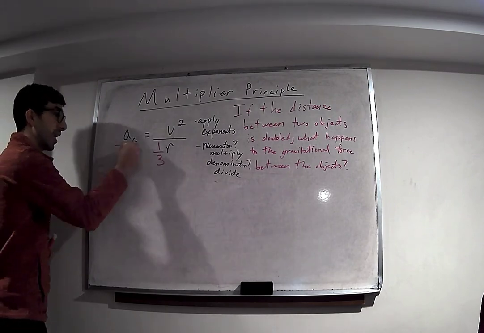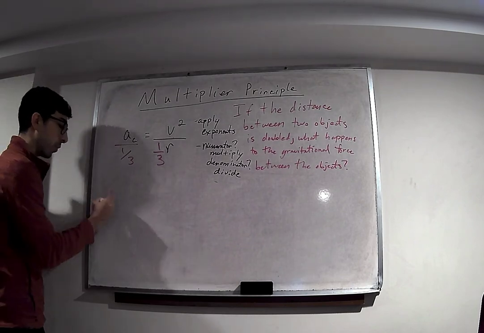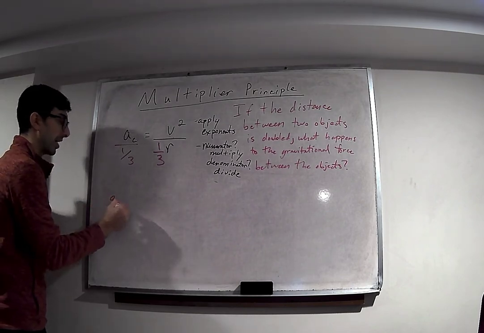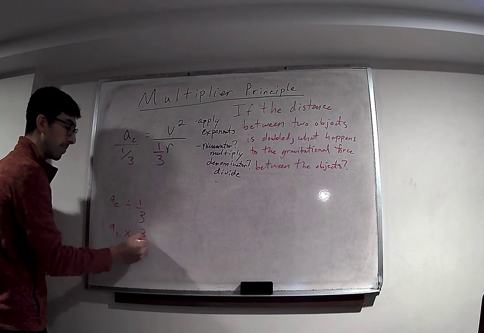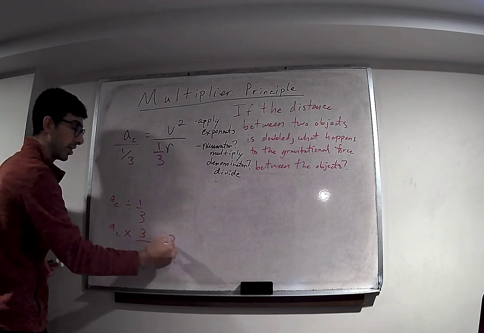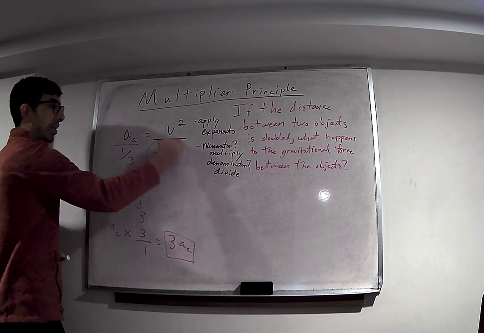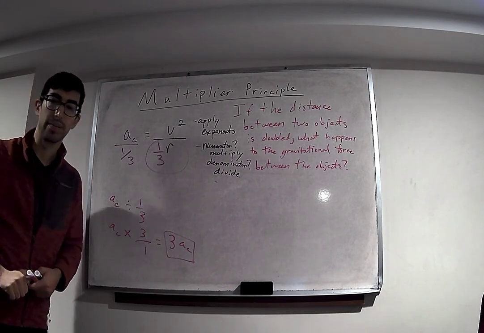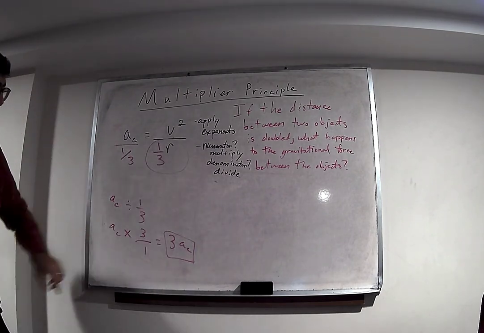We are going to divide by 1/3. Centripetal acceleration divided by 1/3 is the same as centripetal acceleration times 3 over 1. So we get 3 times our centripetal acceleration if we divide our radius by 3. So with a fraction in the denominator, you divide by that fraction, which results in multiplication.